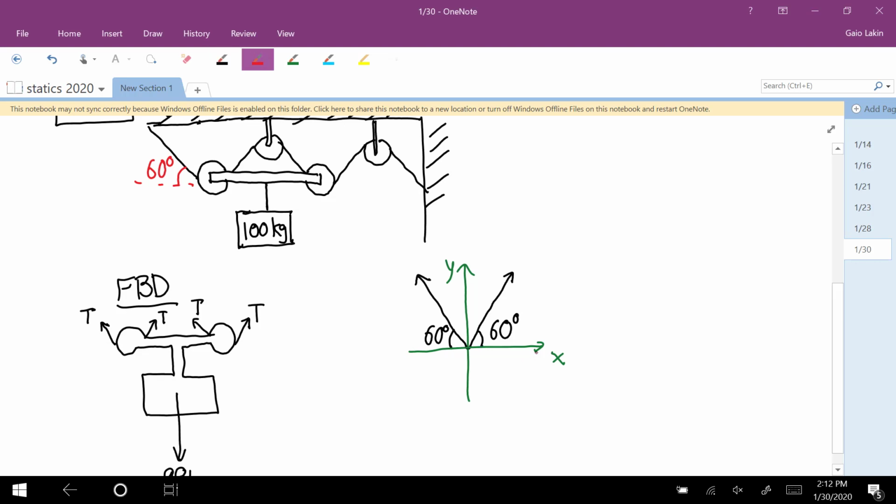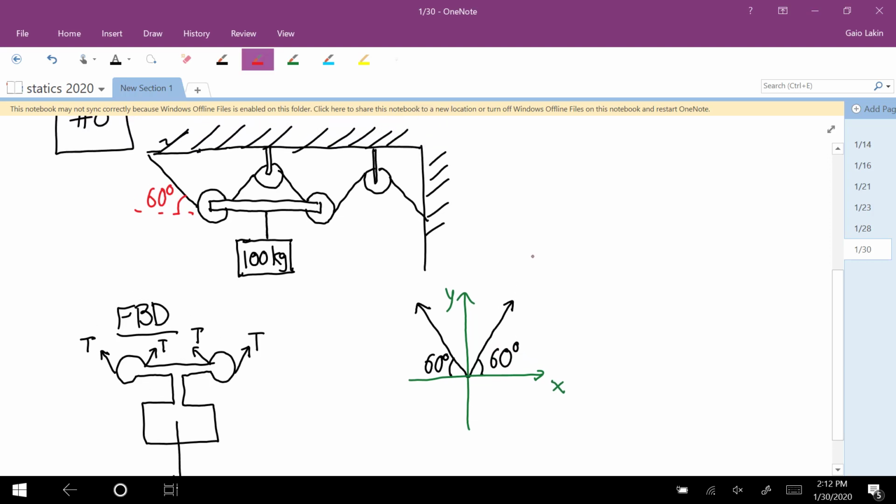So to go from the positive x-axis counterclockwise to the vector on the right, the first one I drew, is just 60 degrees. And from the x-axis to the other one, you can think of it as go all the way 180 and then backtrack 60. So this is 120.